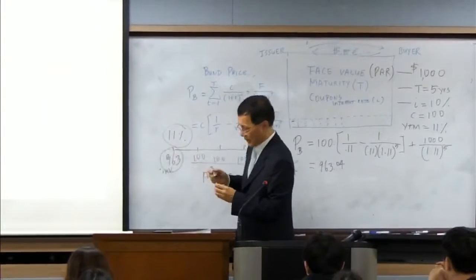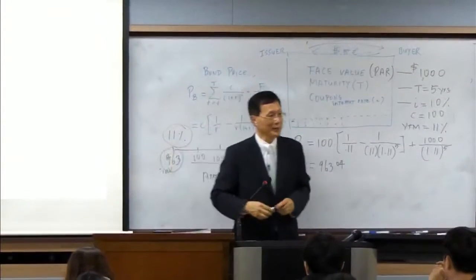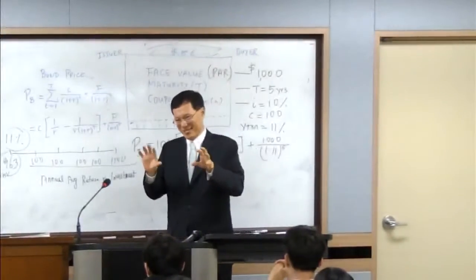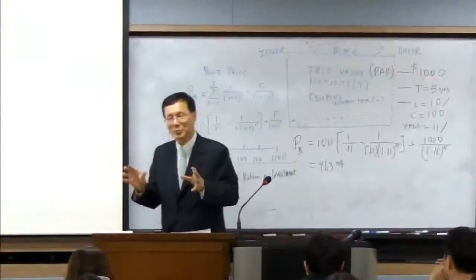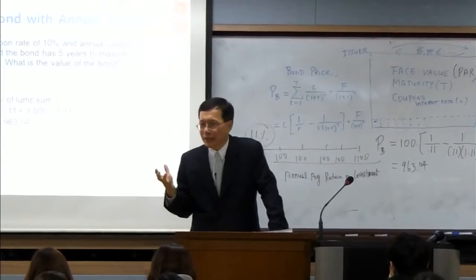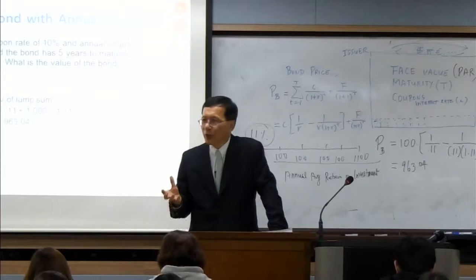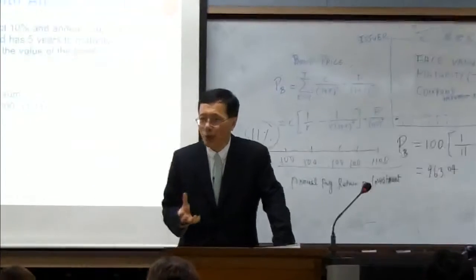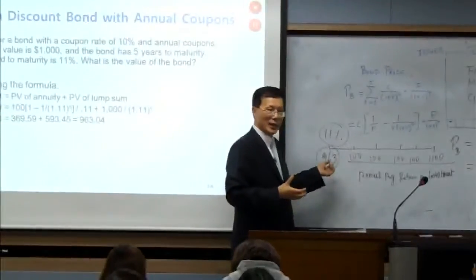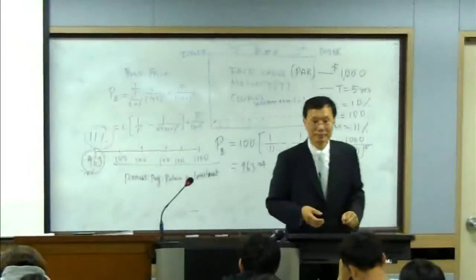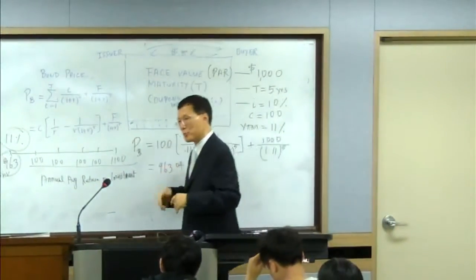And 11% is the yield to maturity. That's not the real definition of yield to maturity, but yield to maturity is, roughly speaking, the annual average rate of return on investment in this bond if you invest at today's price and hold it until maturity. Okay? I repeat this again.